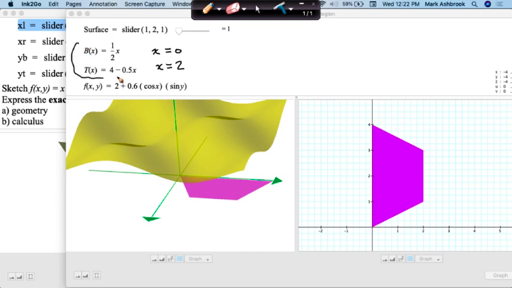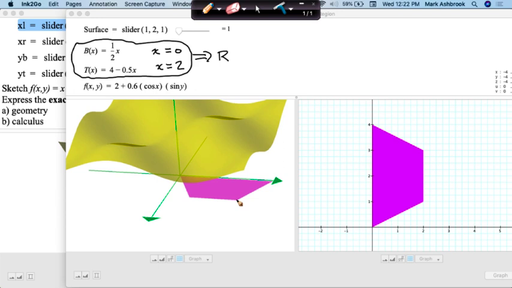So this defines R. You see that? One half x is the bottom, that's B. The top is 4 minus 0.5x, from x equals 0 to x equals 2. And you should be very confident that these two pink regions are exactly the same.